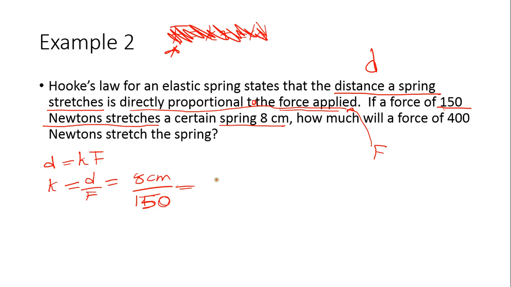So we end up with 4 centimeters over 75 newtons, or 4 over 75 centimeters per newton, however you want to write that. But basically we're looking for this, the 4 over 75. It's the main thing we need.